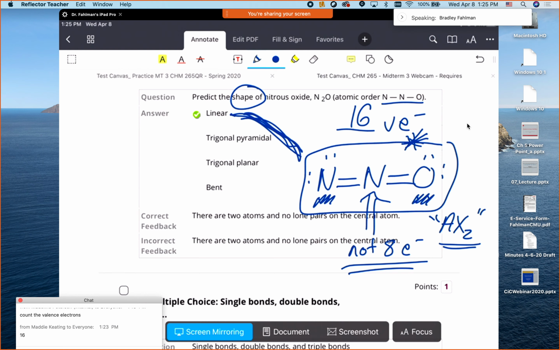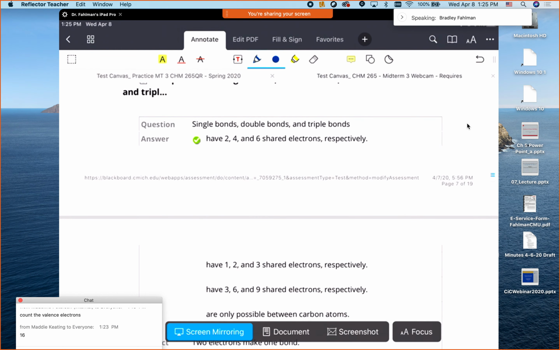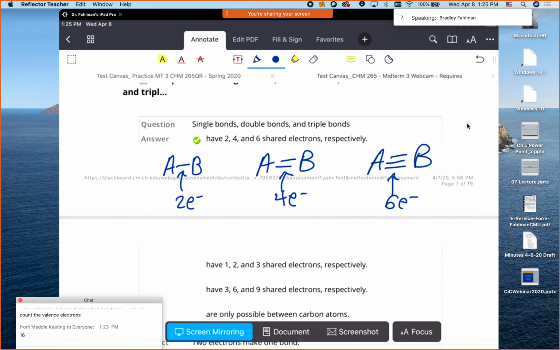Because it's all governed by lone pairs and bonding pairs around the central atom. Okay, so just kind of a definition. So that has 2 electrons. That has 4. And that has 6. Okay, so any line is 2 electrons.